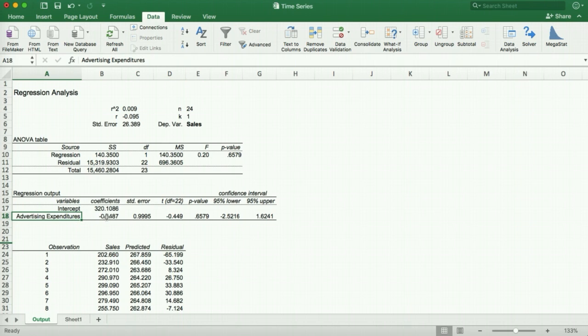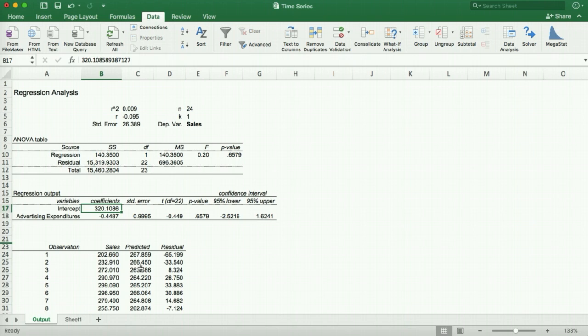Again, MegaStat also doesn't show the regression equation. It doesn't automatically show us the regression line, but we can easily construct that using the coefficients here in the table. This is the value of the slope, that's negative 0.4487, and this is the value of the y-intercept, and that's 320.1086.